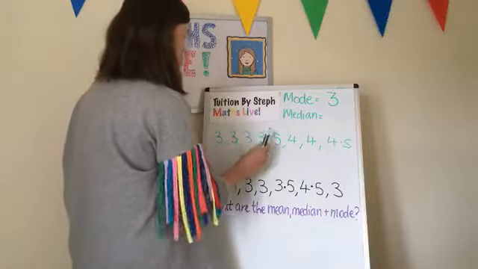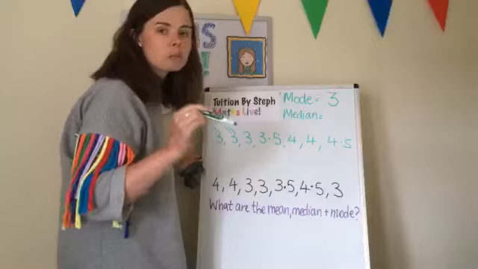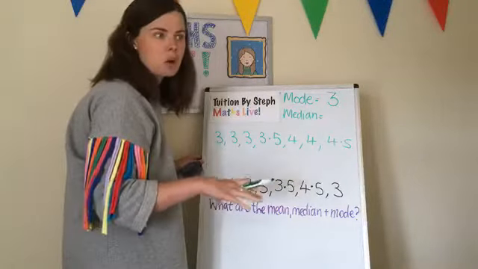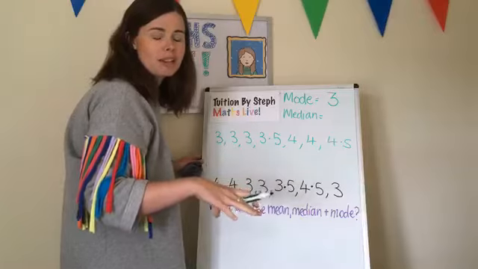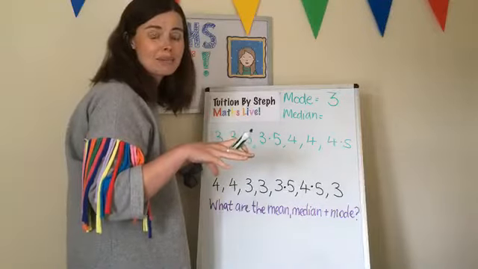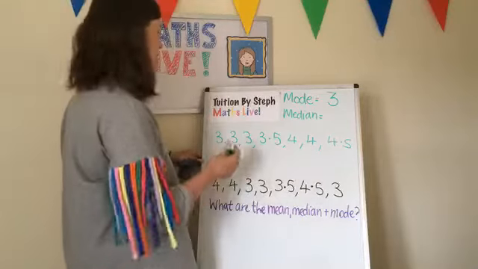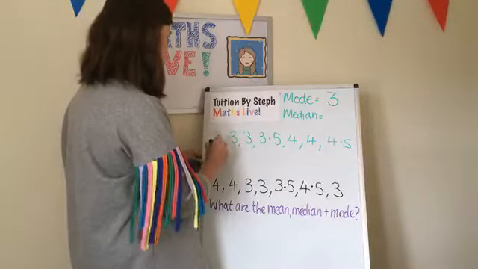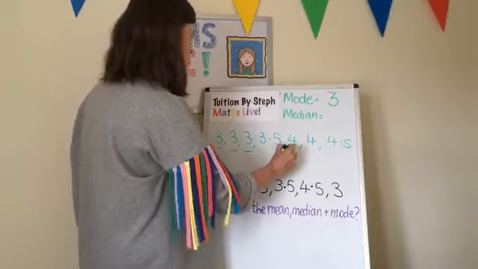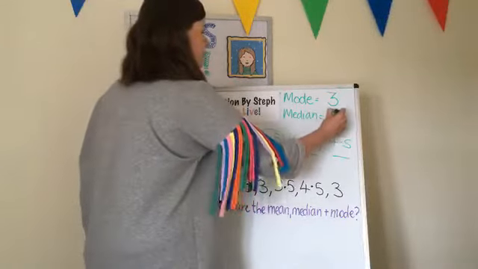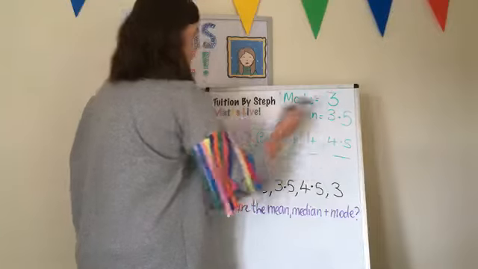Always double check that when you've reordered them, you've not missed any numbers out or accidentally added a number in, because that's so easy to do, and you think, I've done all that calculating and all that work and I made a tiny mistake. So there's 7 numbers, there must be 3 on each side. So our median is 3.5.